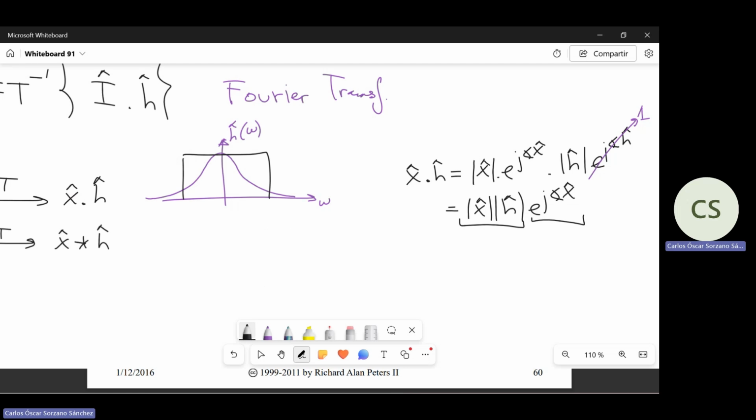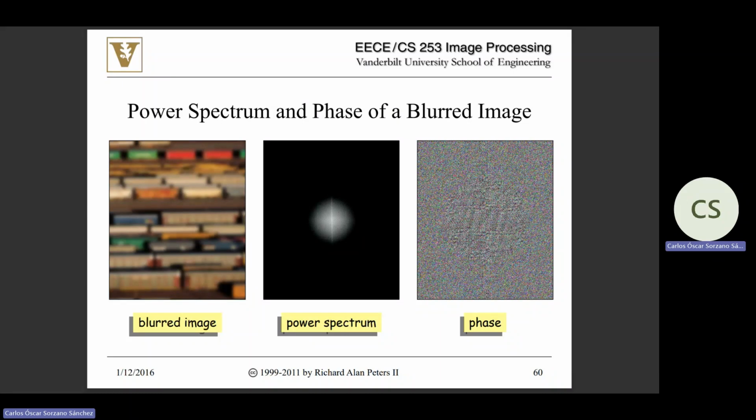But this one never goes to zero, so I'm never multiplying by zero. So the phase survives the filter always. In this one it is attenuated. We don't see the power there, but the power is still there. It is multiplied by a very small number, but the phase doesn't change. It is the same phase. And do you remember? Most of the visual information is in the phase. So Gaussian filters, in that sense, are very good because they don't modify the phase. They only touch the amplitude.